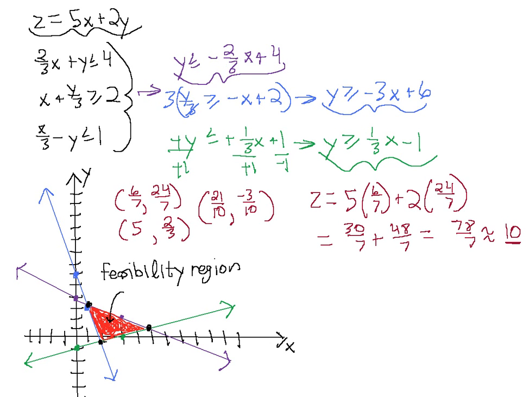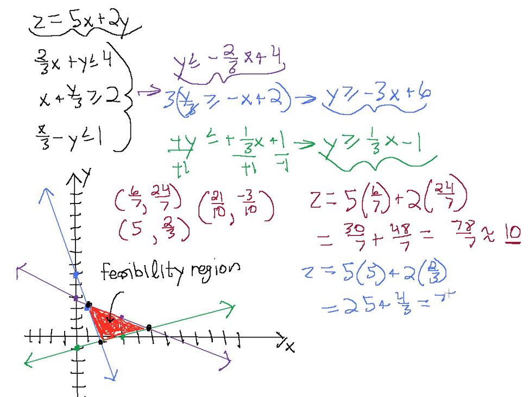Let's look at the next one. Let's use this point. So we have z equals 5 times x, x is 5, plus 2y, y is 2/3. We're talking about the solution point where the green and the purple line intersect. This is going to give us 25 plus 4/3.